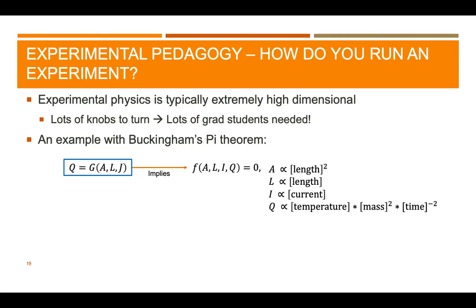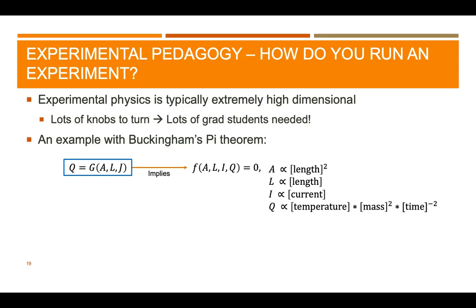So say you have some heat energy that is a function of the area of a thing, the length of a thing, and the current density for it. That implies that there's some relation F that relates A, L, I, and Q in such a way that the whole thing comes out to 0. These parameters have these different dimensions.